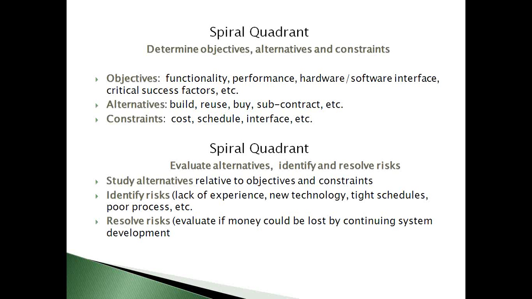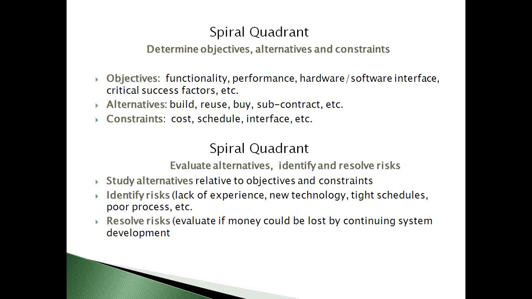Like we will be having the request for proposal, the contracts model, and the SLAs, meaning the service level agreement. All these are the different documents related to the project. And coming to the constraints, they will be the cost, the schedule, and the interface. So these are the activities we are going to work on in quadrant 1.